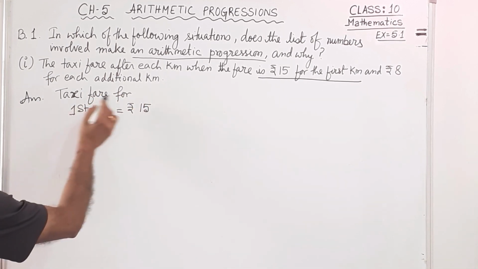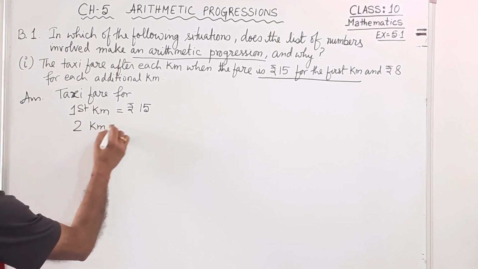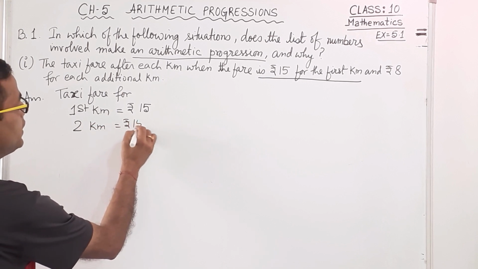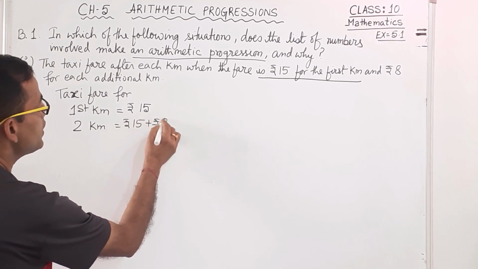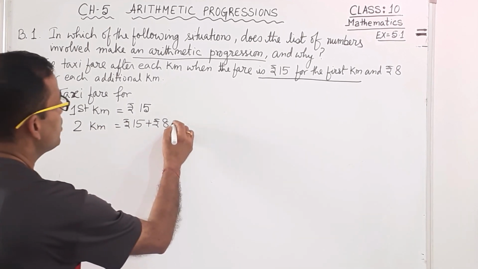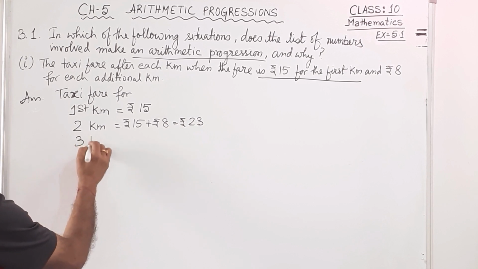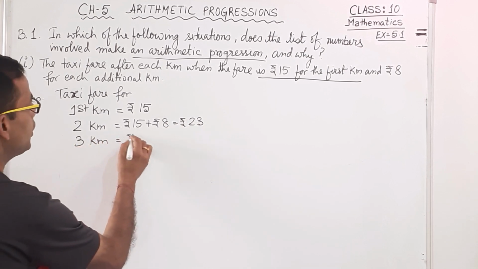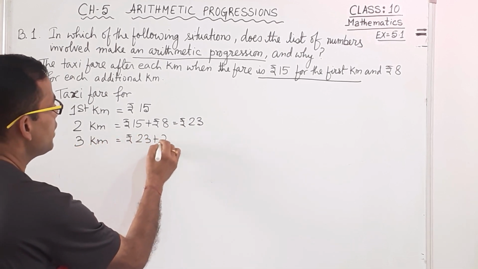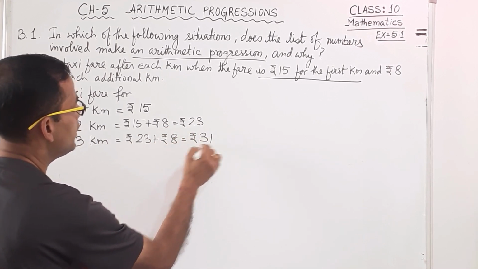That means taxi fare for 2 kilometers, it will be rupees 15 plus rupees 8. Rupees 8 is for the second kilometer. So it is coming rupees 23. Then if you travel 3 kilometers, it will be rupees 23 plus rupees 8. So how much comes? Rupees 31.